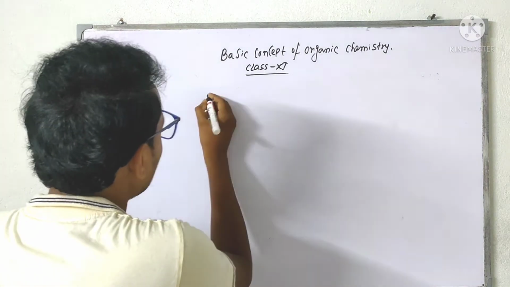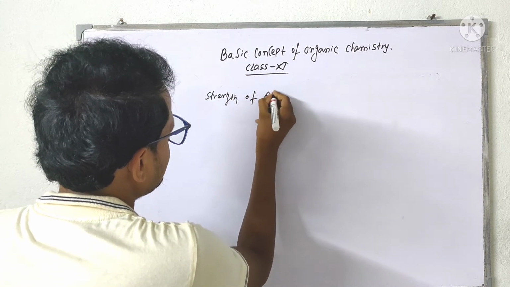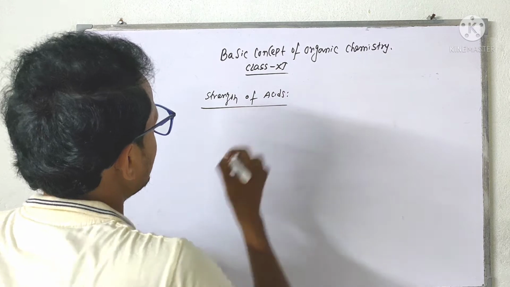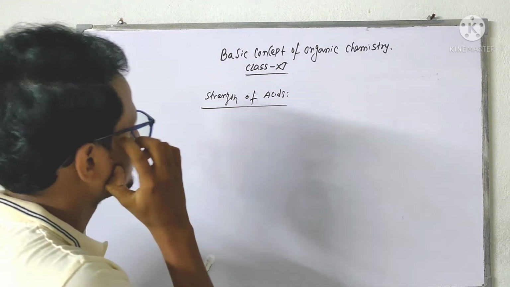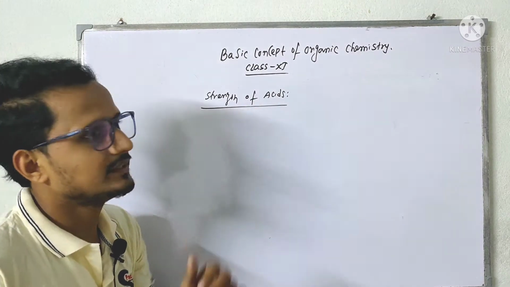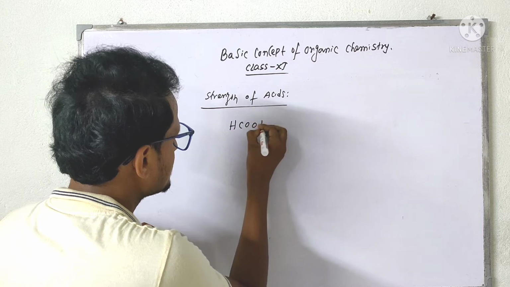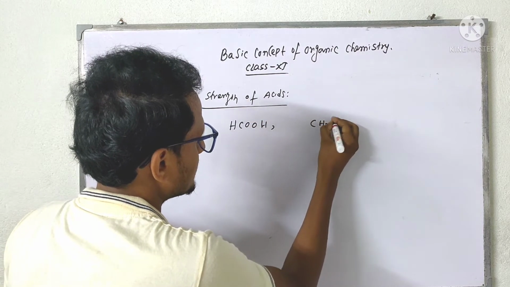Okay, so strength of acids is the application. Let us consider two acids, formic acid HCOOH and acetic acid. These two are acids.